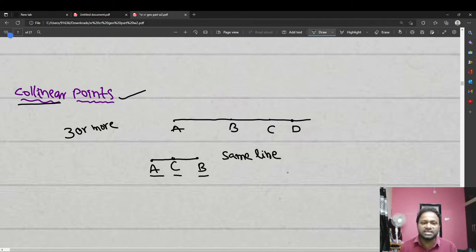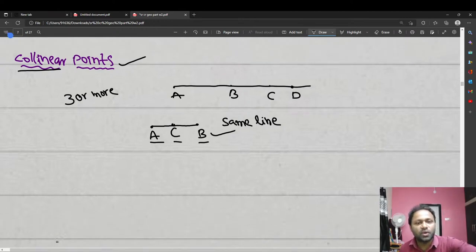That means these 3 points are called collinear points. All the points lie in the same straight line. Collinear points, it is a simple one.